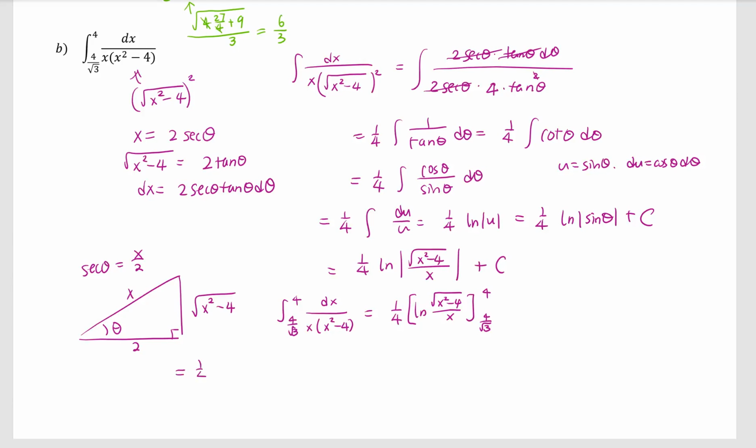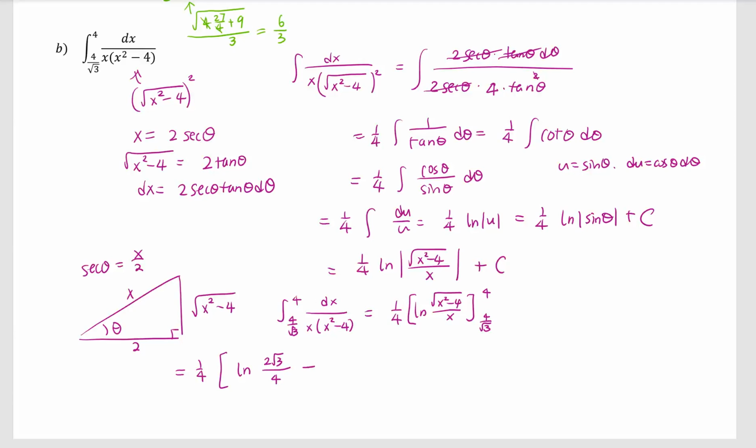So I plug in 4. 4 squared is 16. 16 minus 4, 12. Square root of 12, 2 square root of 3, over x, which is 4.